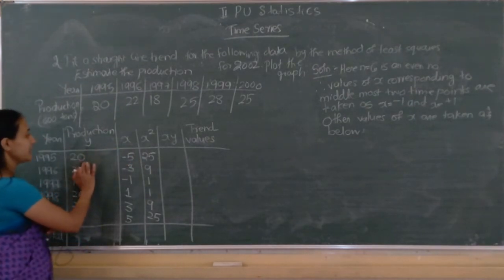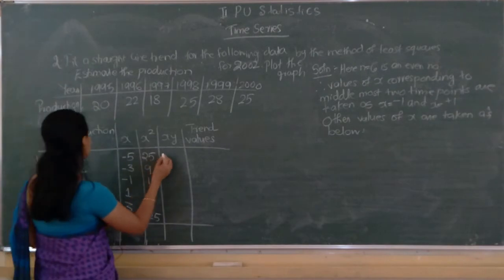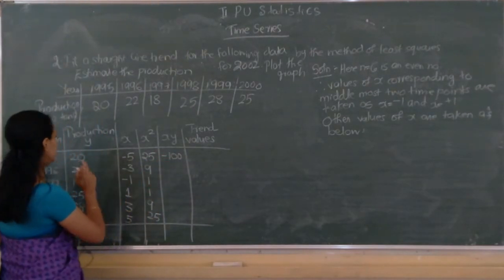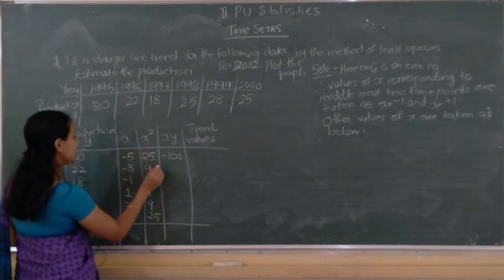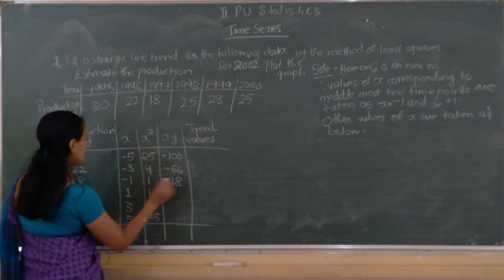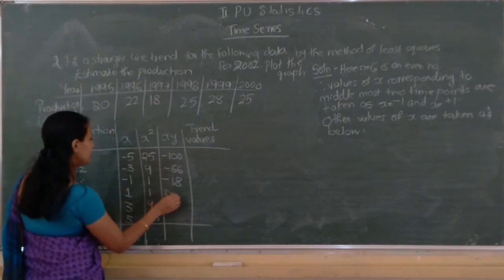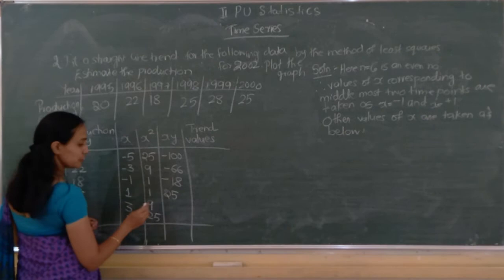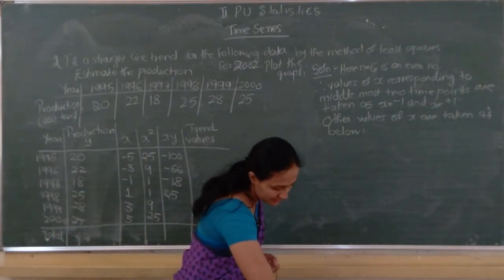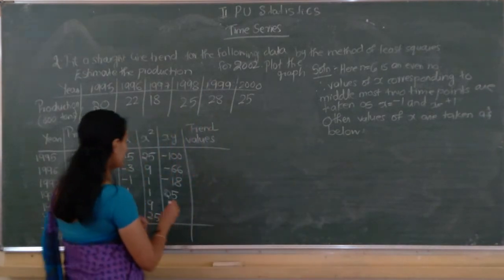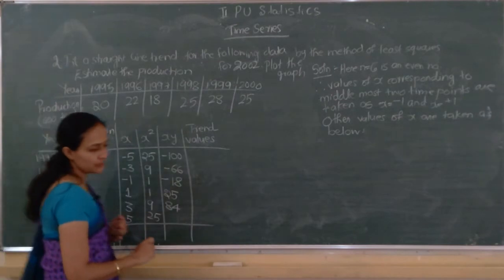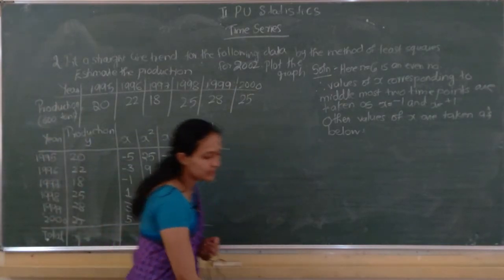X is this one, y is this one. 20 into -5 is -100. 22 into -3 is -66. Here -18. 1 into 25 is 25. 28 into 3 is 84. 25 5s are 125.